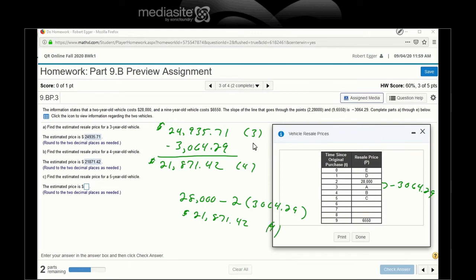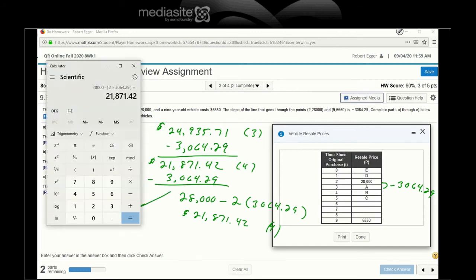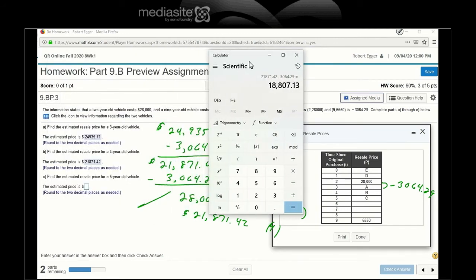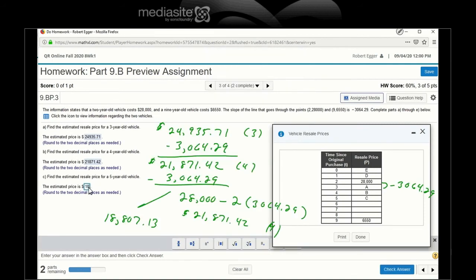I know it's going to work, so let's just take another 3,000 off this guy. Minus 3,064.29 for 18,807.13.